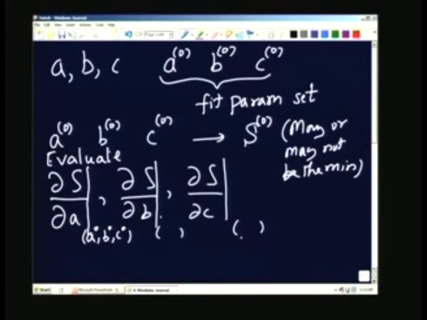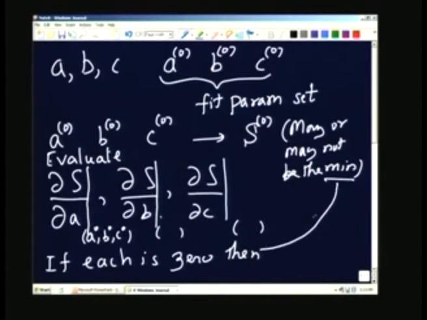So, I am evaluating the derivatives with respect to A, with respect to B, and with respect to C. If each is 0 independently, then it is a minimum. That means I have to verify at each stage what is the value of the partial derivatives.